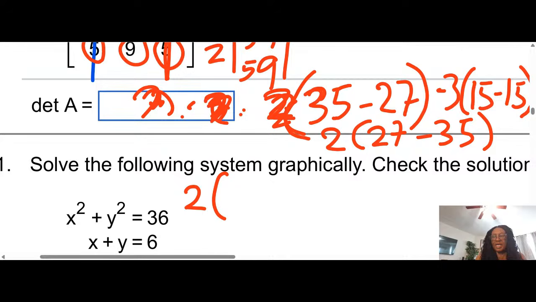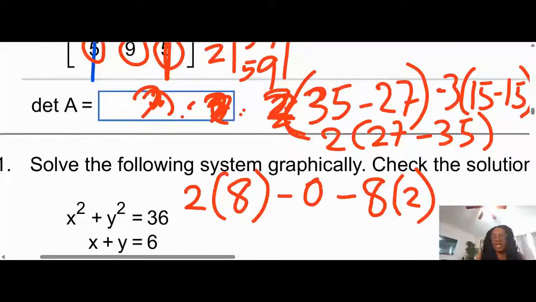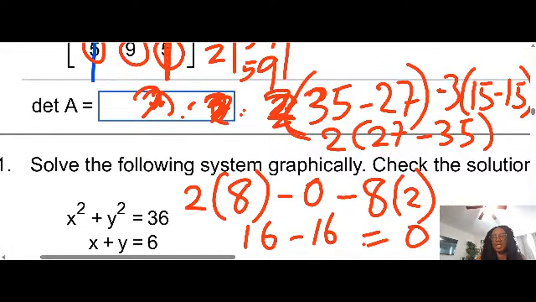The parentheses will be 35 minus 27, and that is 8, minus 3 times 0, which is 0, minus, I have 27 minus 35. 27 minus 35 is minus 8, and minus 8 multiplied by 2 is minus 16. So the determinant of this matrix is 0.